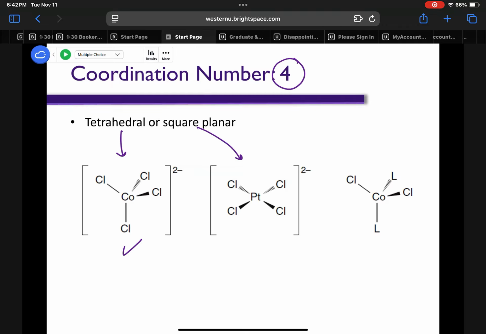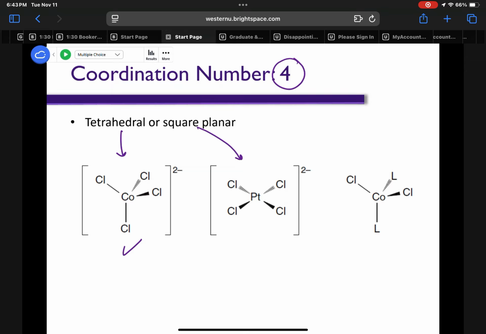I'm going to call these A and B. If I had another complex that was tetrahedral with the same ligands, we would be able to overlap those and see that they're identical. If I moved one of these ligands to a different region and tried to overlap them, I can see they overlapped perfectly. These are not isomers.